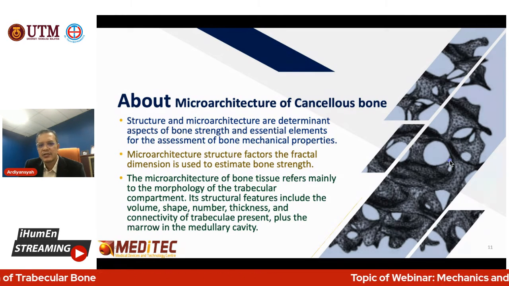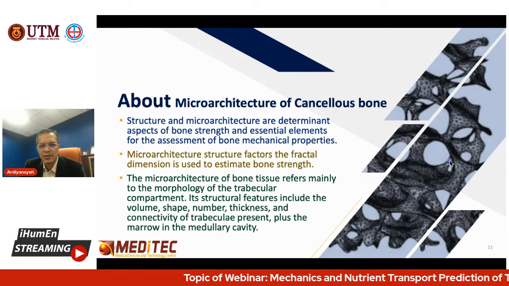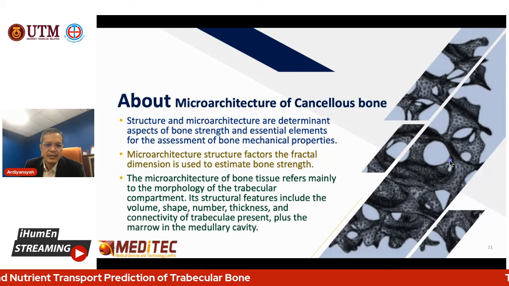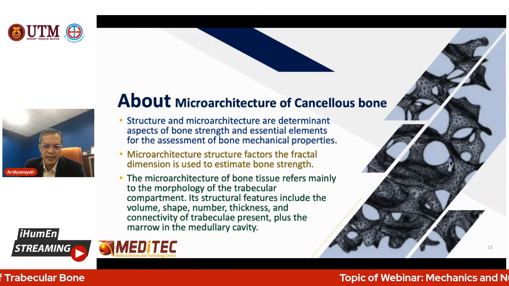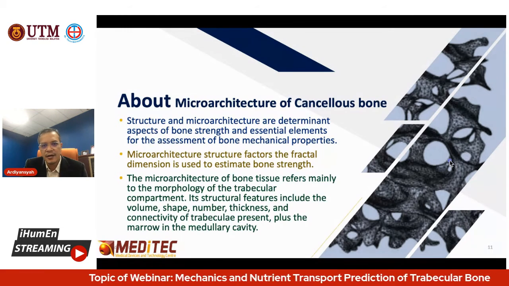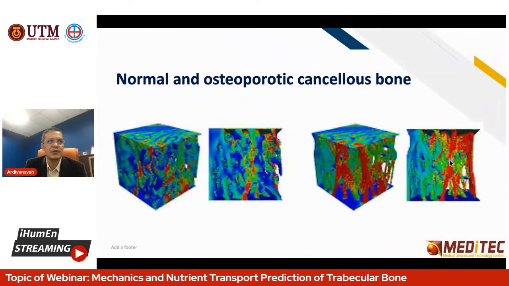The microarchitecture of the bone tissue refers mainly to the morphology of the trabecular bone compartment. Its structural features include the volume, shape, number, thickness, and connectivity of trabeculae, plus marrow in the medullary cavity. That is the microarchitecture of the cancellous bone.